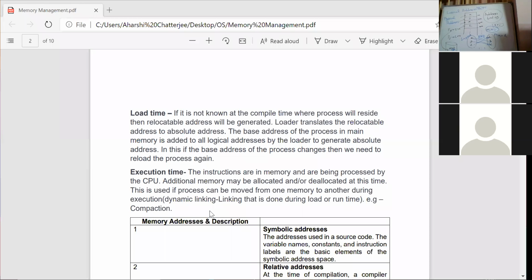Can you say? In C, after compilation, the file which is generated, what can we call it?